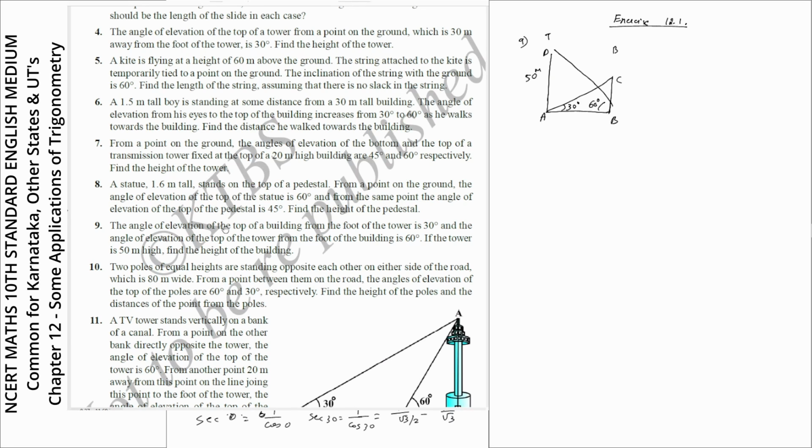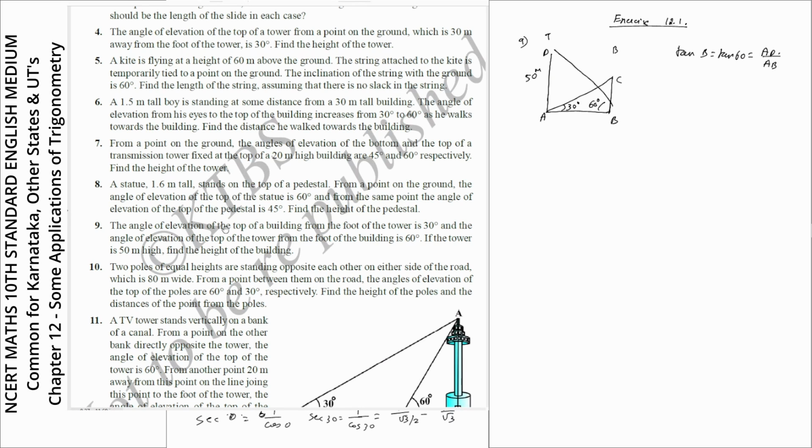Now first to find the height of the building, I'll first find AB, the distance between the foot of the tower and the foot of the building. AB I will find, okay. So now with respect to angle B, tan of B, that is tan of 60 degree is equal to opposite by adjacent, that is AD by AB, okay.